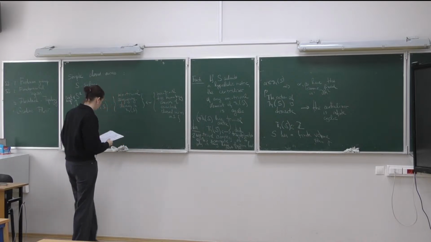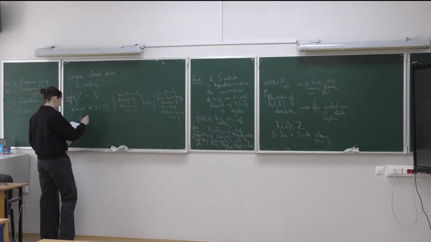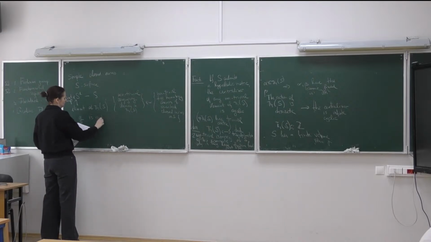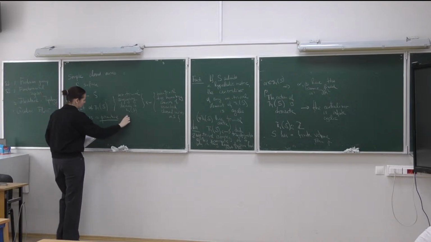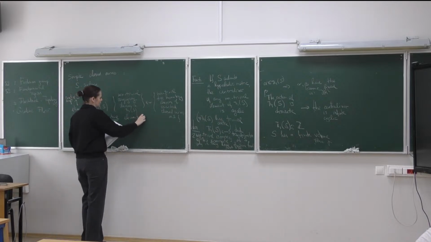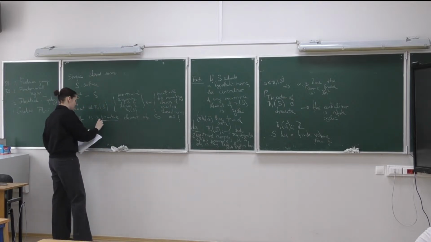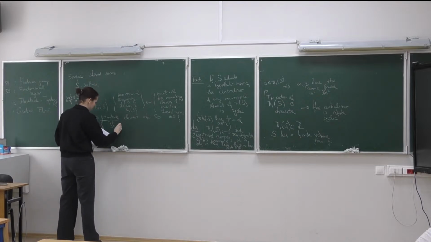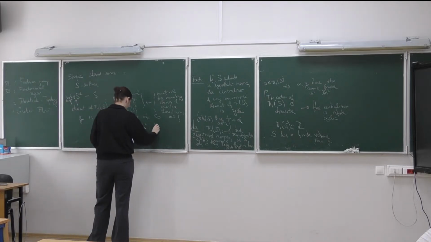Now we say that g is a primitive element of some group if it's not a power of another element. So primitivity is conjugacy invariant.